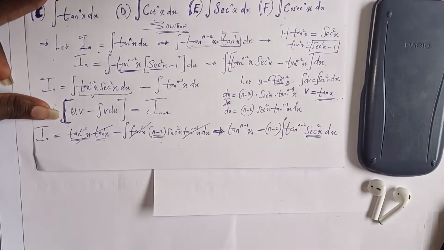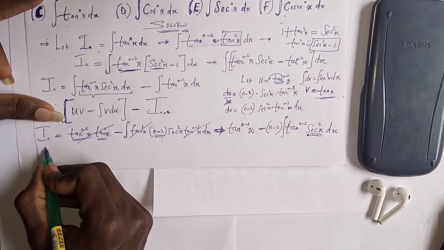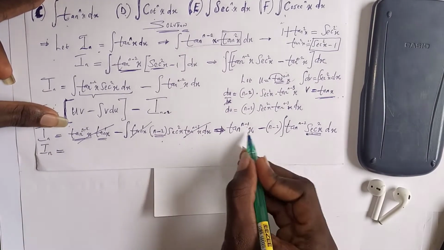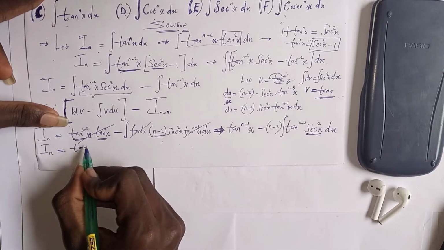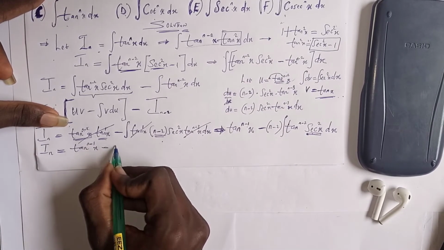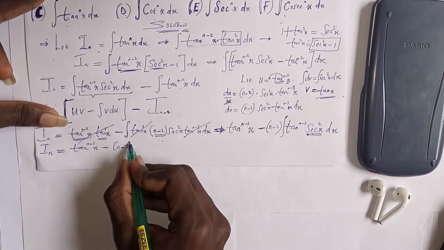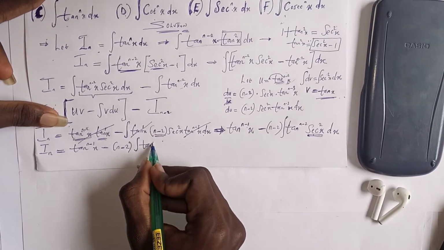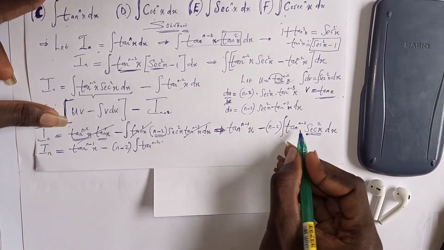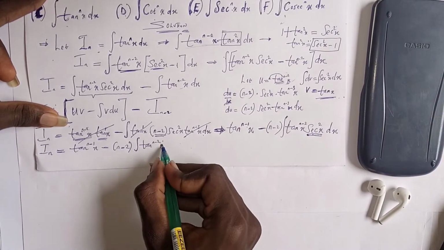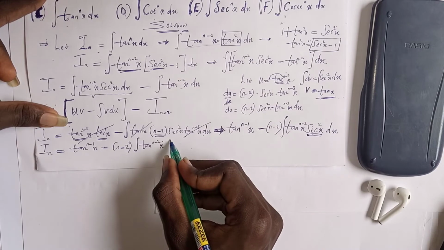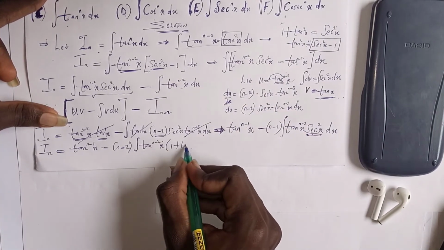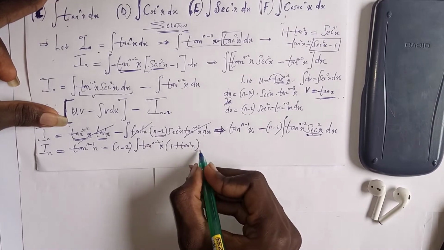So next thing to do from here is that we have I n equals, this is where I stop, tan of n minus 1 of x minus n minus 2 close bracket. Then we should have tan n minus 2 of x, then sec square x means I have 1 plus tan square x from the trig identity, 1 plus tan square x then dx.